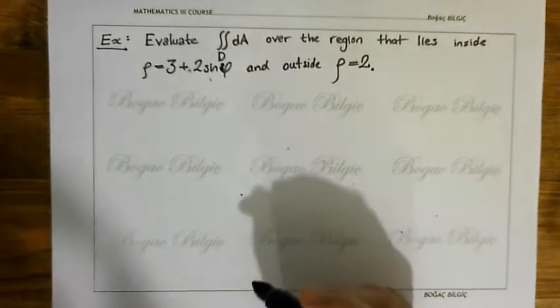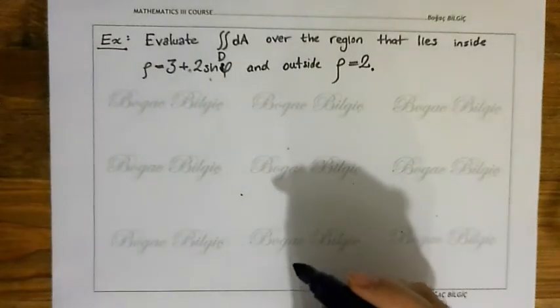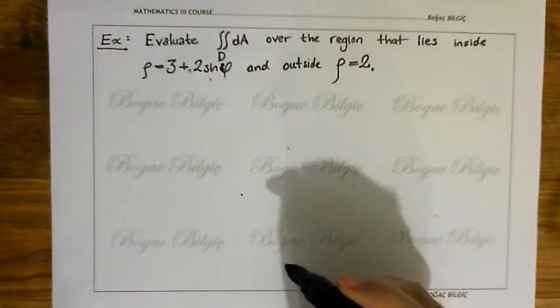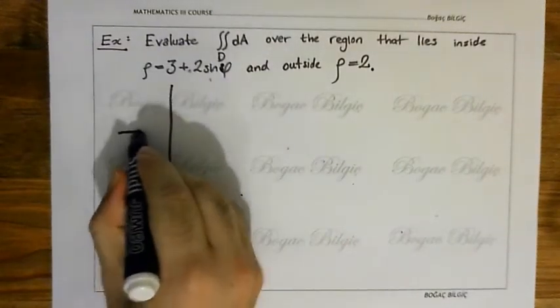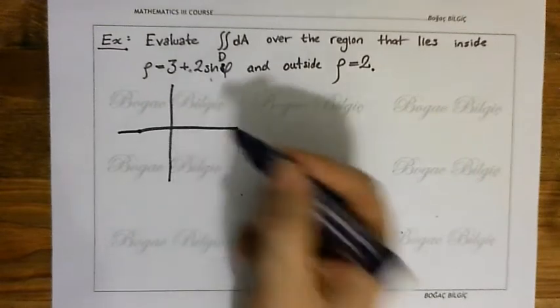Firstly, we draw the area. This area is a bit hard.